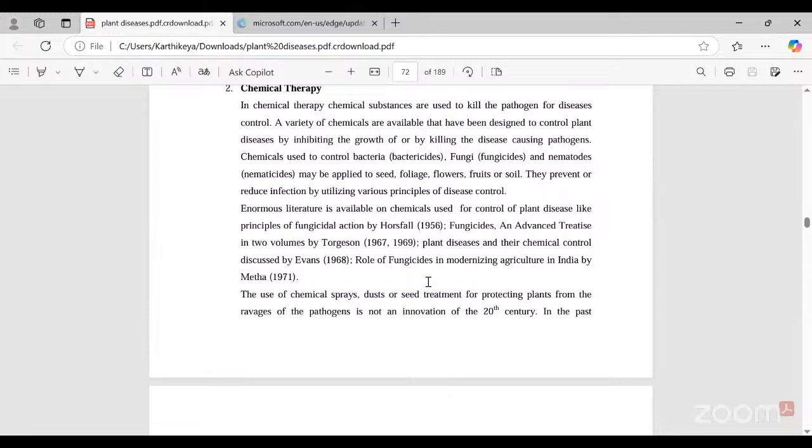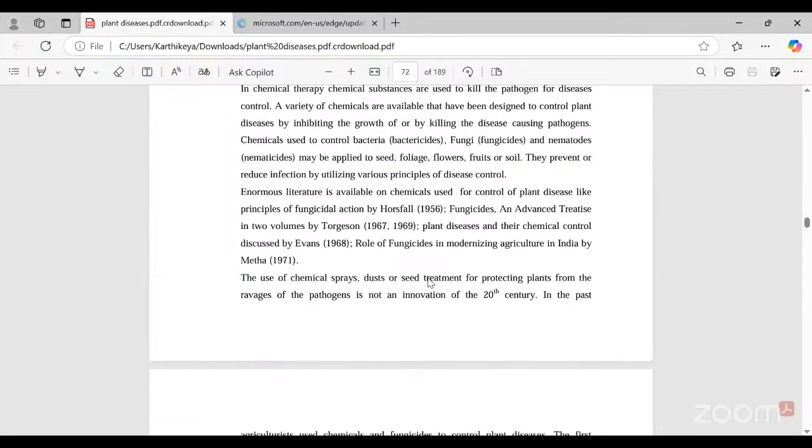Enormous literature is available on chemicals used for control of plant disease, like Principles of Fungicidal Action by Horsfall, Fungicides and Their Action, and Plant Diseases and Their Chemical Control discussed by Evans.